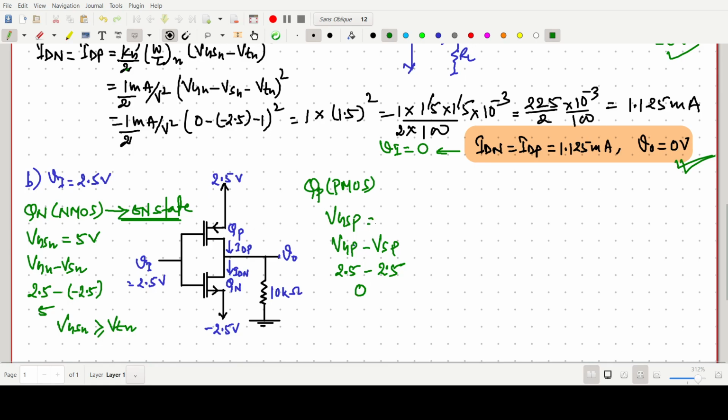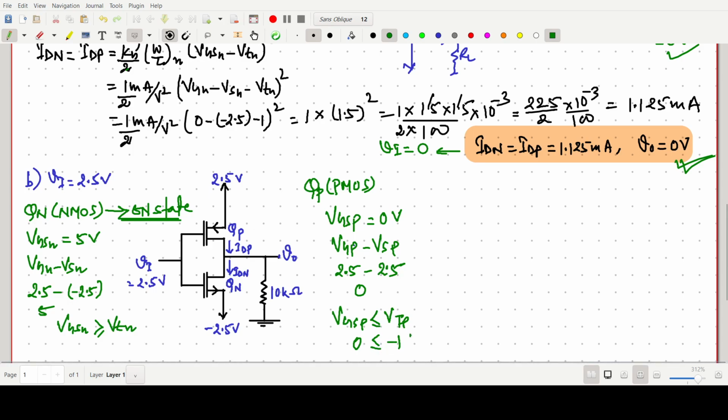So this VGSP is coming as 0 volt. So now this VGSP will be less than, okay, means is this VGSP value less than VTP or not. For the PMOS, what VGSP value is coming? 0. And this one is minus 1.